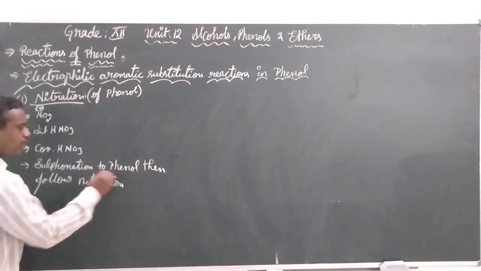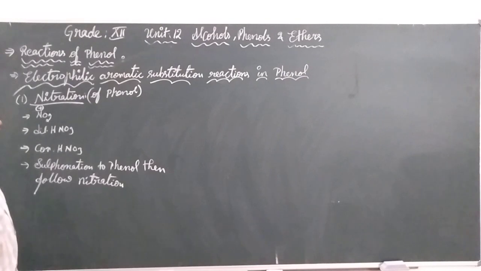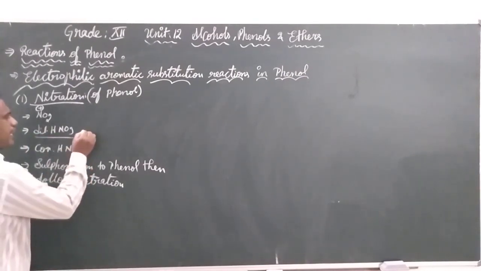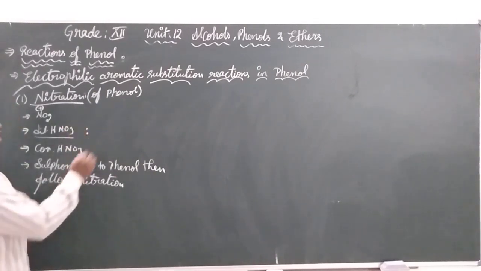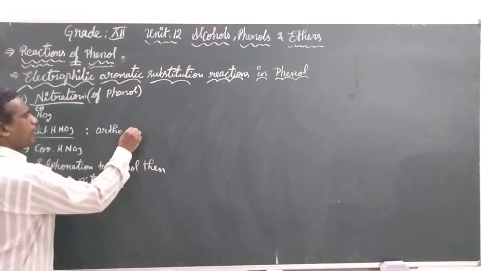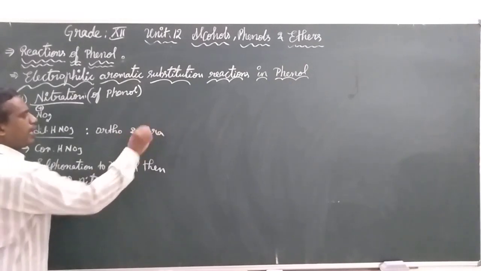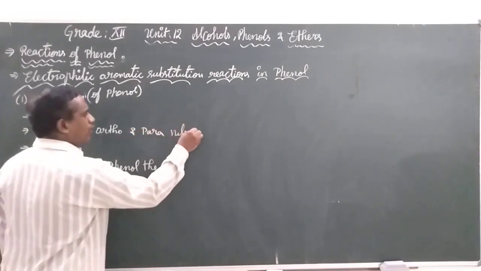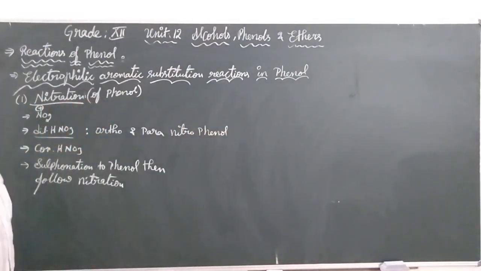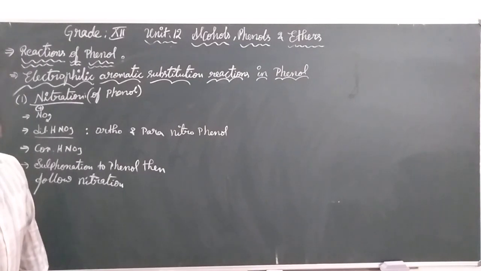Here the main point is that whenever you are using dilute nitric acid, it will form ortho and para nitrophenol. What are the products we will be observing here? Ortho and para nitrophenol.